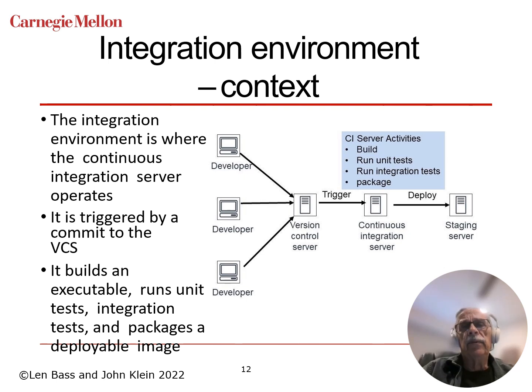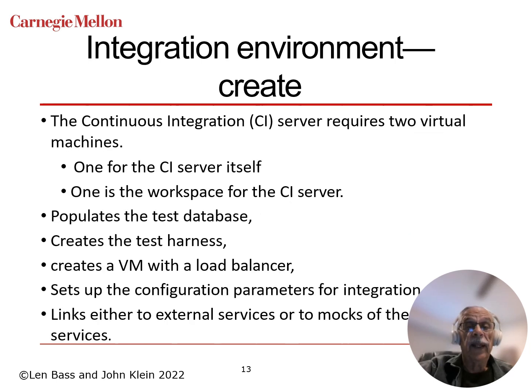We'll talk about that in a minute. And it runs integration tests, system-wide tests, and then it creates a deployable image. And when you've passed all the tests, you put the deployable image someplace, in our model the staging environment. It now becomes the trigger for the staging environment.